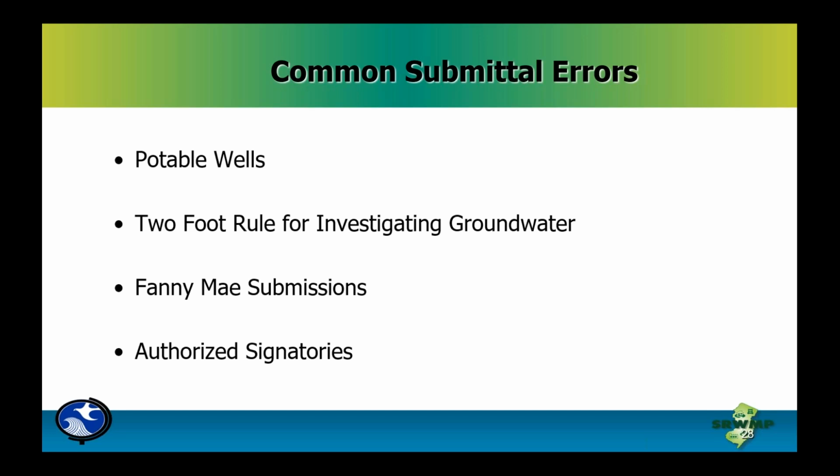Another one is Fannie Mae submissions. Just make sure that on a lot of these closures, the RP is a bank, Wells Fargo, Fannie Mae, Freddie Mac, and if they are allowing the real estate agent to sign off as the person that's responsible, just make sure we have something from Fannie Mae, Wells Fargo on their letterhead that states that this person can now sign for us.